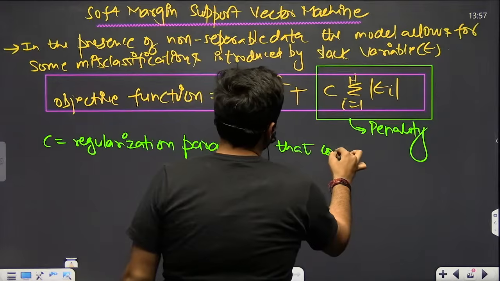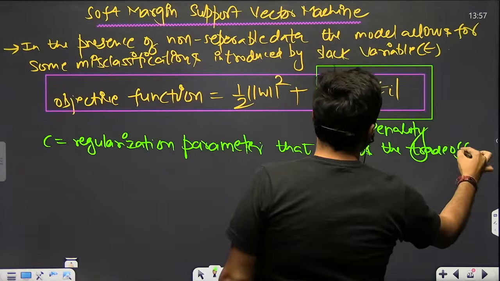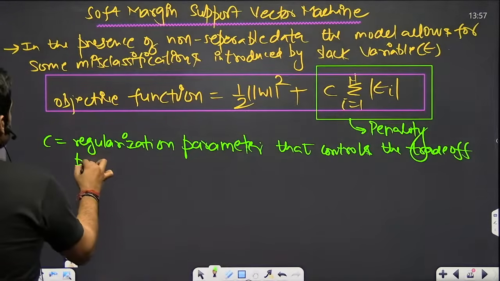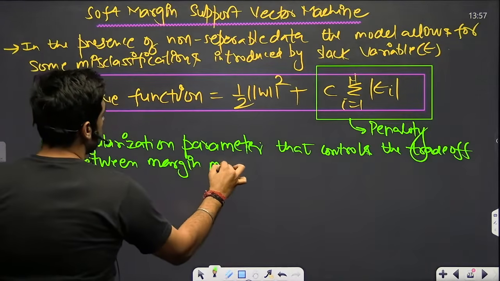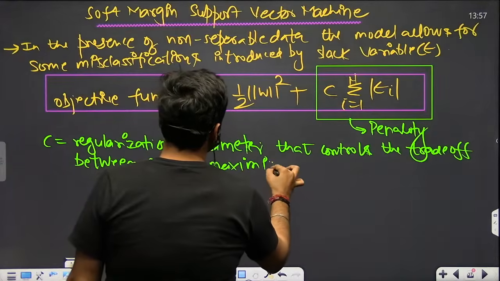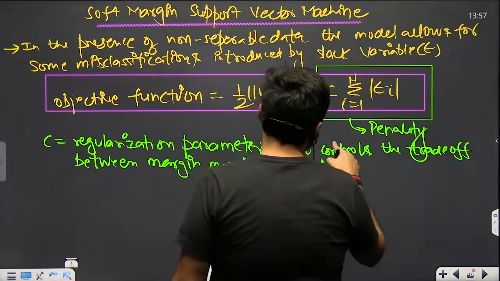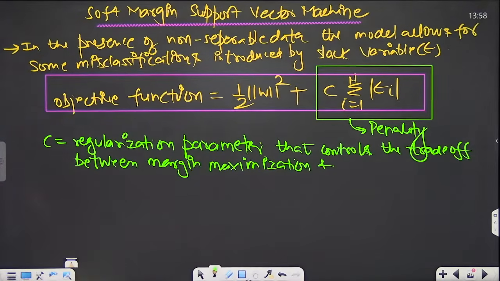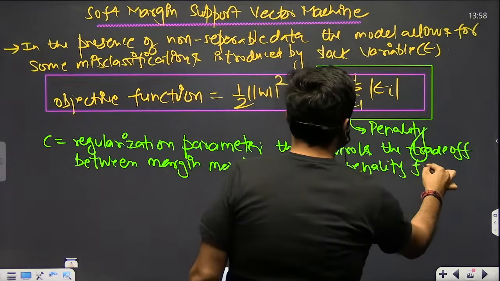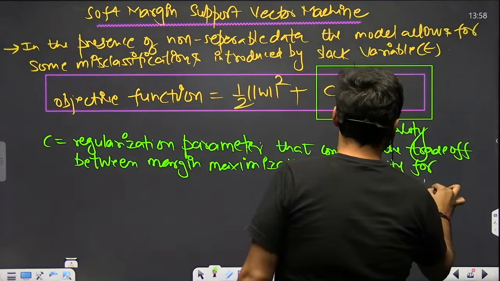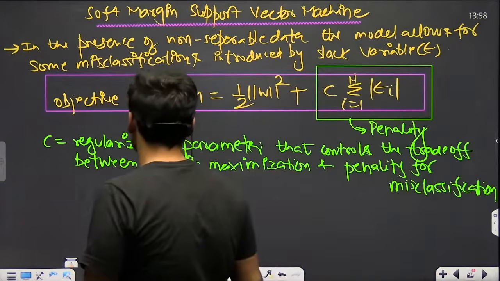Okay, very important, that controls the trade-off between margin maximization and और क्या था ये penalty for misclassification. ठीक है, penalty for misclassification.